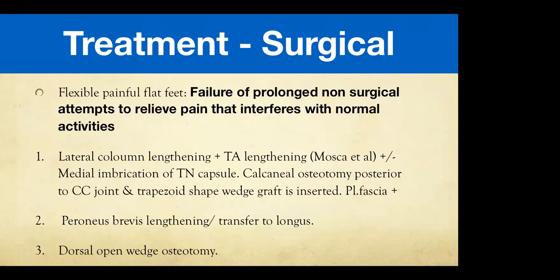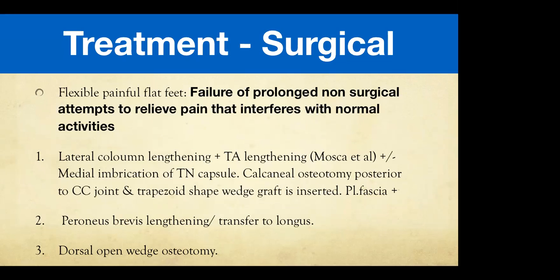Surgical treatment is offered only when there is failure of prolonged non-surgical attempts to relieve pain that interferes with normal activities. So what surgical treatment is offered? Normally in a pediatric population where there is forefoot abduction, you need to lengthen the lateral column, along with tendo-Achilles lengthening.